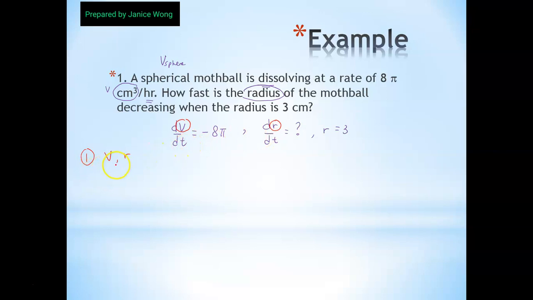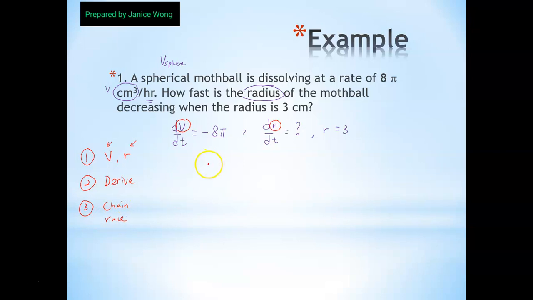After we have the formula, make sure it is in terms of two variables, V and R only. Then, in the second step, we derive the formula. After derivation, in the third step, we apply chain rule to answer the question.